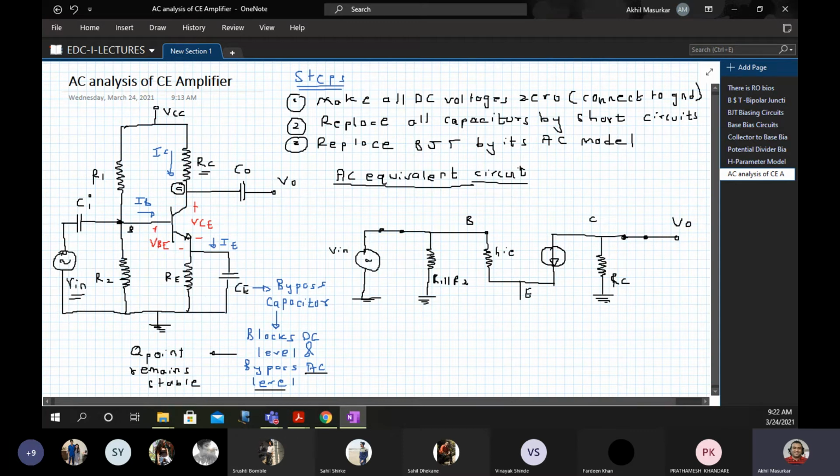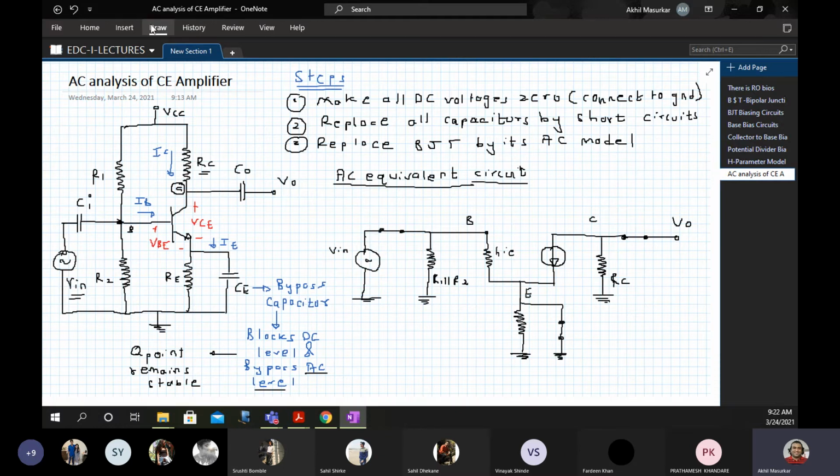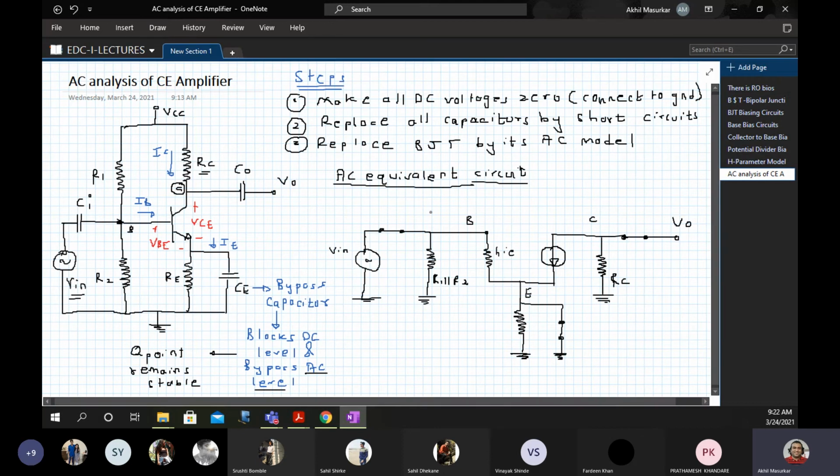On the emitter side we have not yet dealt with RE and CE. RE is connected between emitter and ground, but CE is a short circuit. CE is shorted, so actually this is CI shorted, this is C0 shorted, and this is CE shorted.